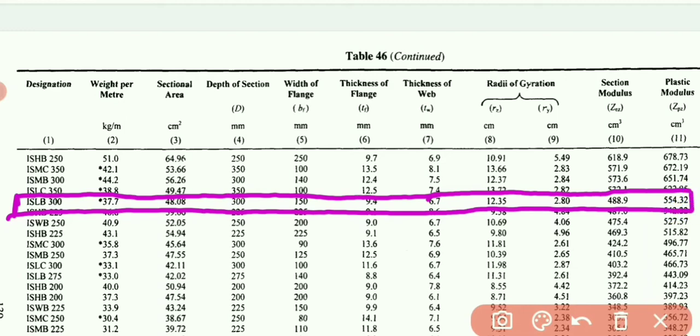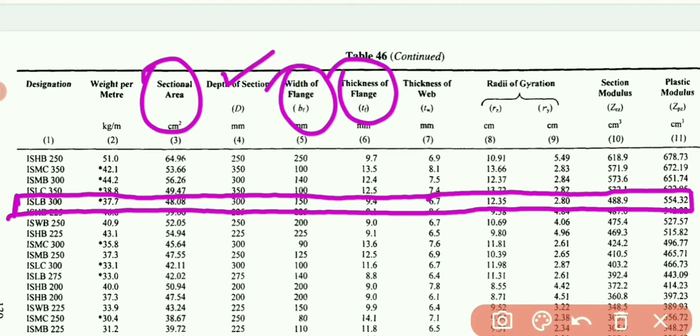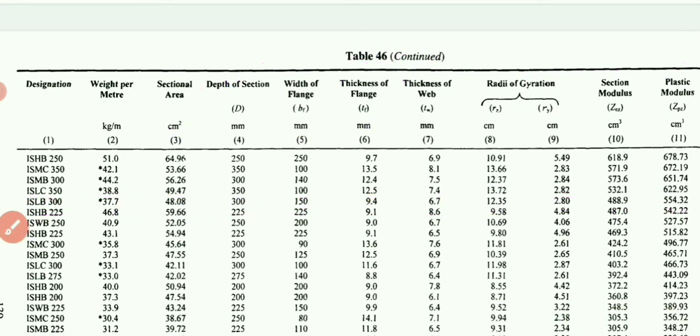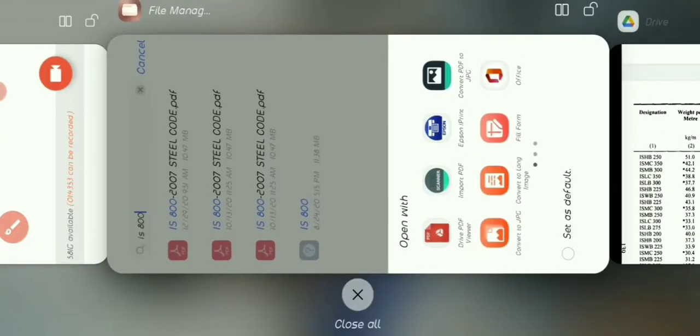As you can see, we can take its area, depth, width of flange, thickness of web, radius of gyration, section modulus and plastic section modulus. We can get all the values. So we have got all these properties from over here. Let's get back to the sum.